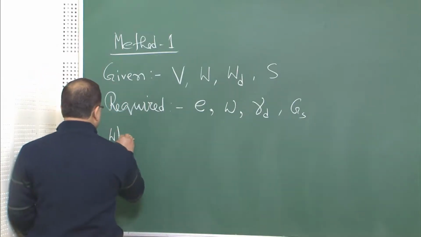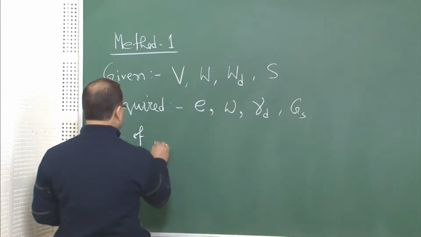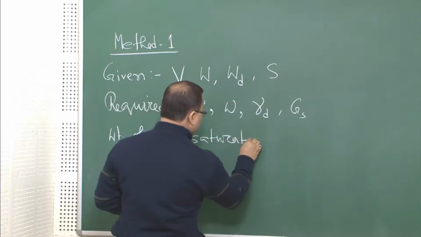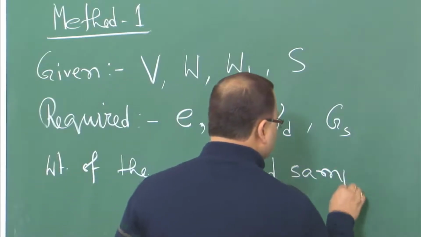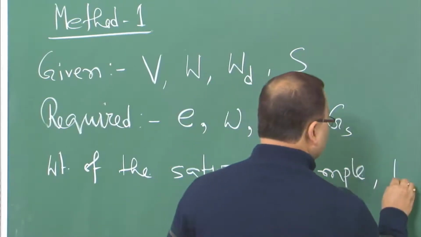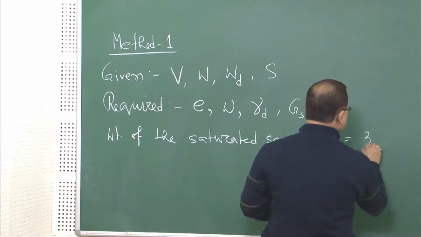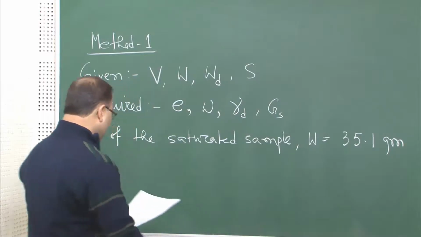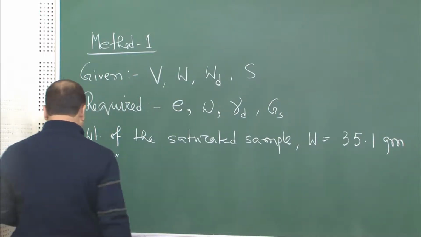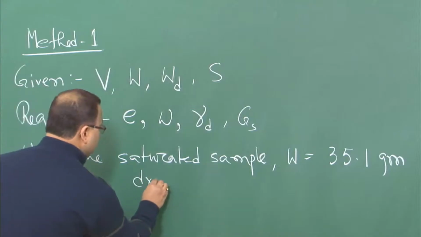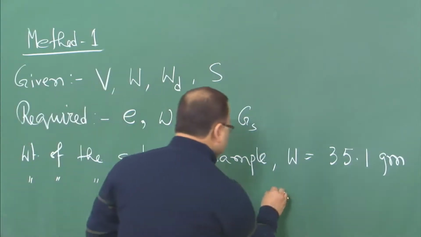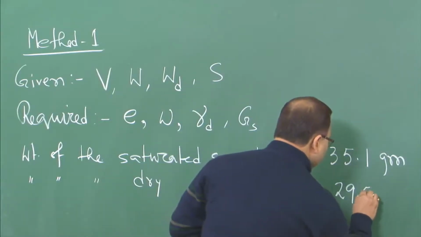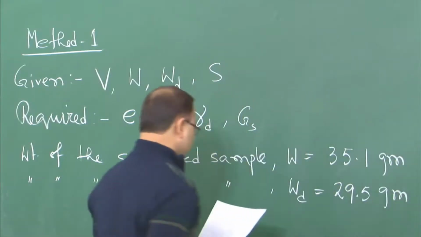Now, the weight of the saturated sample is given as 35.1 gram. Similarly, the weight of the dry sample is given by WD equal to 29.5 gram.